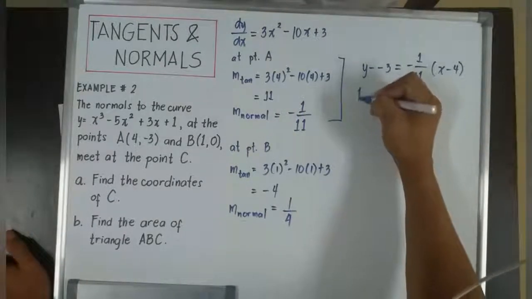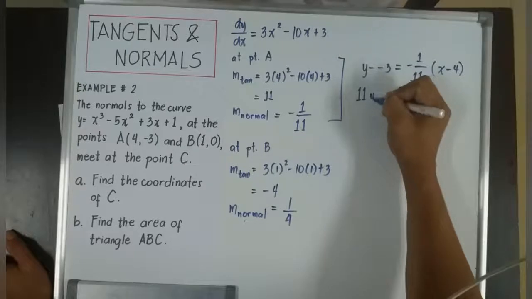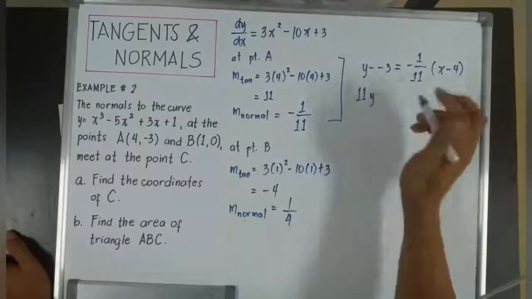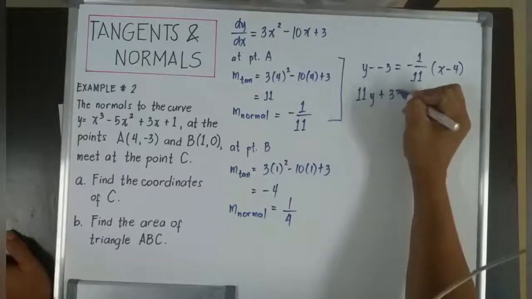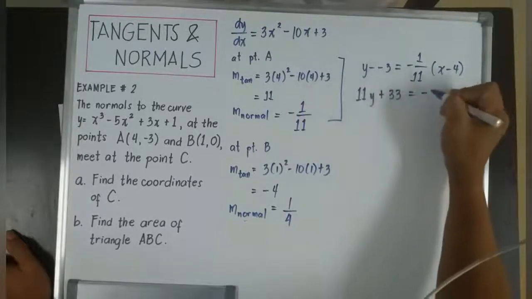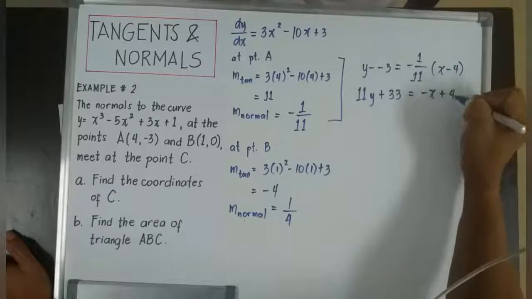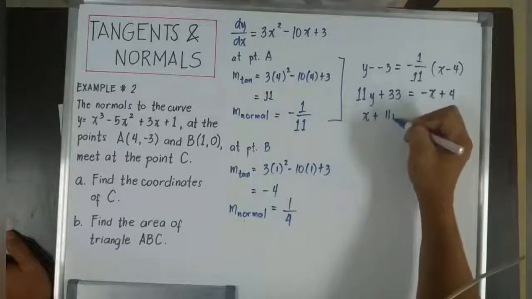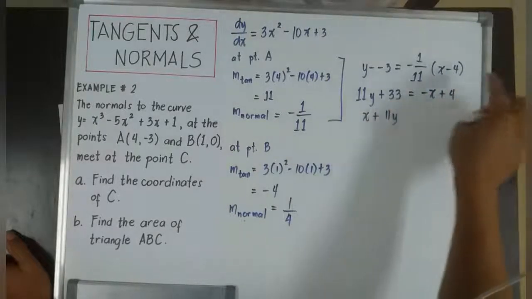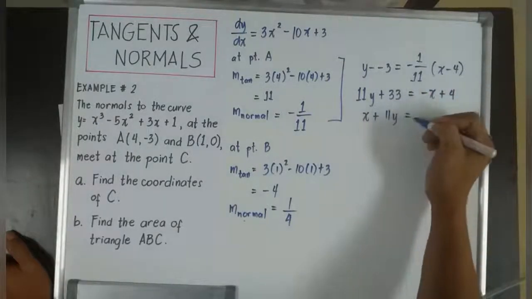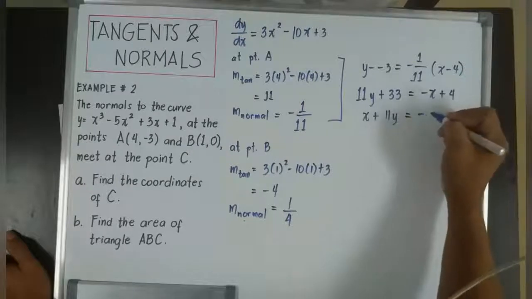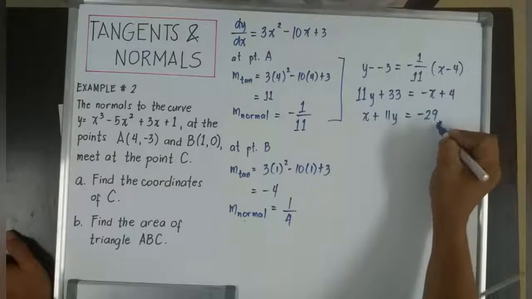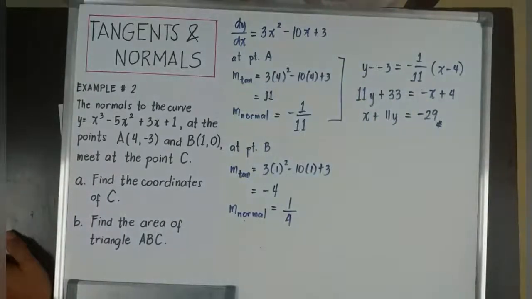So it will become 11y plus 3 times 11, which is positive 33, is equal now to negative x plus 4. Thus, it will become x plus 11y, and this 33 will be moved to the right side. It will become 4 minus 33, which is negative 29. This is now the equation of the normal at point A.